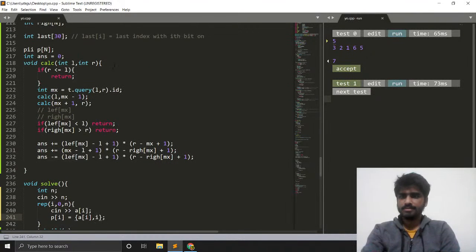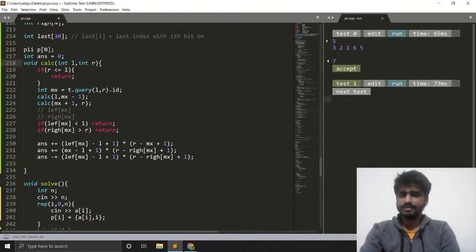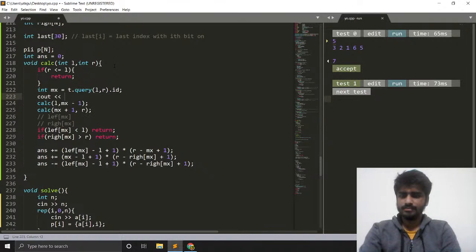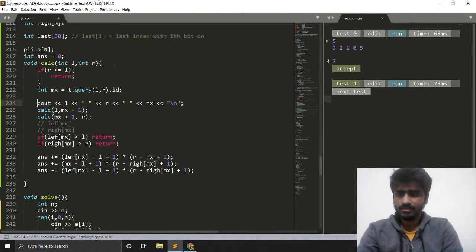Okay, are the maxes working fine? It will be sad if this is what's going wrong.